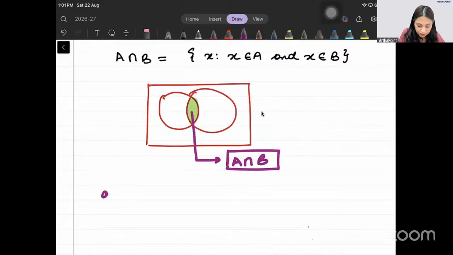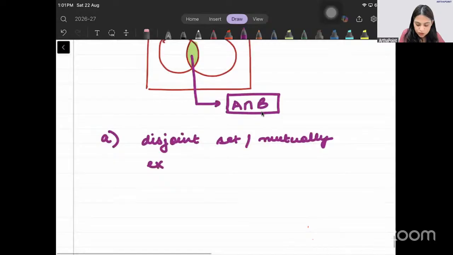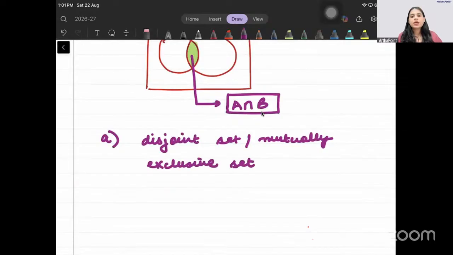Now, we have something called a disjoint set or mutually exclusive set. A disjoint set is any set in which there is nothing common between the sets.